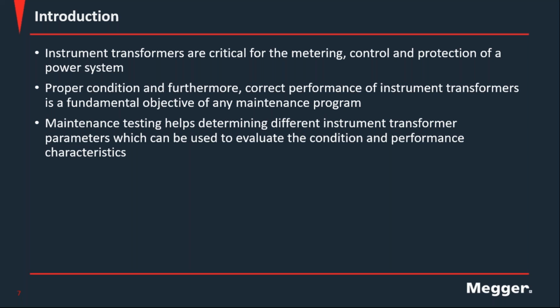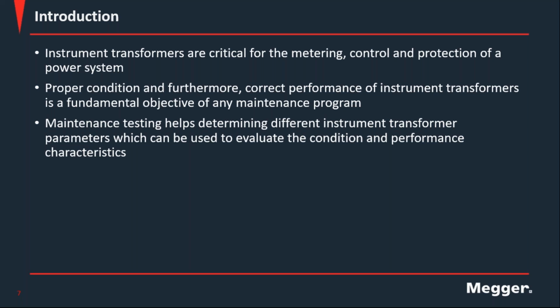It's not only about getting results, it's about evaluating these results according to the expected performance of the instrument. And in this, it's a little bit different from other testing that you do. For example, on circuit breakers, you get your results and you compare to manufacturer values. But in instrument transformers, you have to do some assessment. You have to perform some calculations with those results from the test, and then evaluate that against certain limits that are established by the standard.